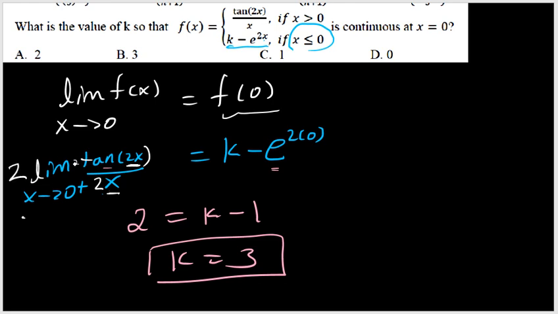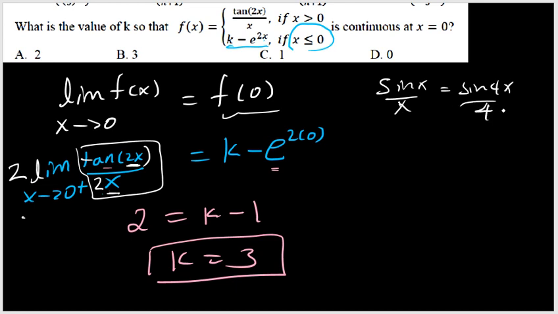Then our limit becomes a standard form, like sin x over x or tan x over x, whose limit as x goes to 0 is 1. It is not necessarily sin x over x. It can be sin 4x over 4x or sin 5x over 5x. It doesn't matter, as long as both parts are the same. For tan it is also the same.